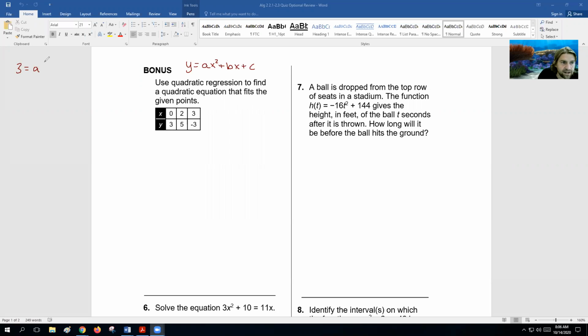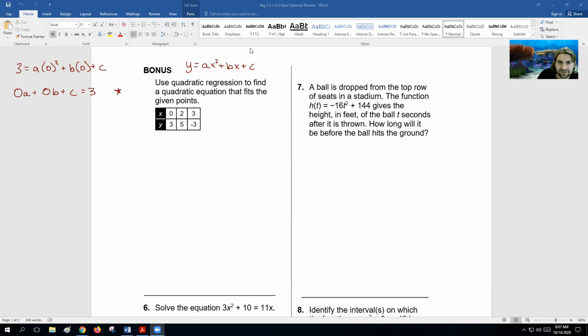A, we don't know, x is 0 squared plus b times x is 0 plus c, we don't know. So if I wanted to write this equation out, it'd be 0a plus 0b plus 1c equals 3. That is super nice. We'll talk about later why.